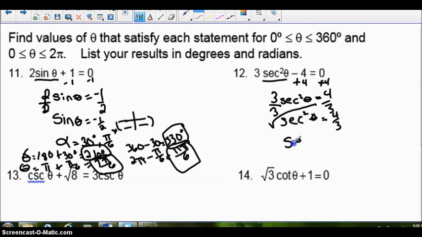So we have secant theta. We take the square root of 4/3, and we're going to have 2 over the square root of 3, and it's going to be plus or minus. Now remember secant is r over x as a ratio, so that means r equals 2, x equals the square root of 3.